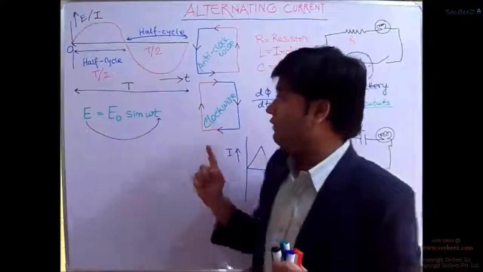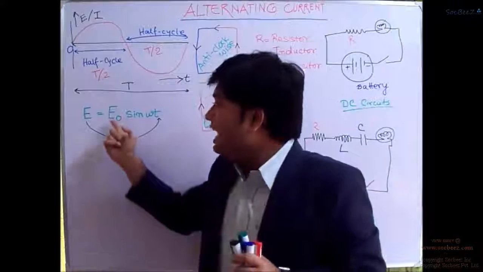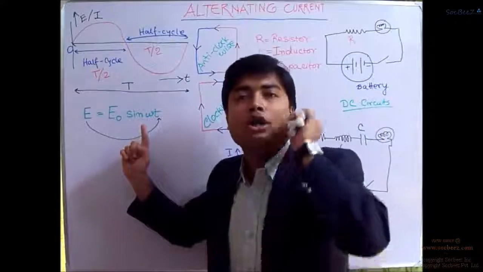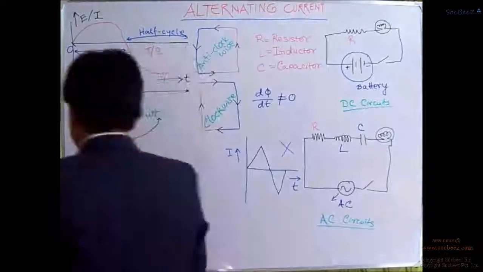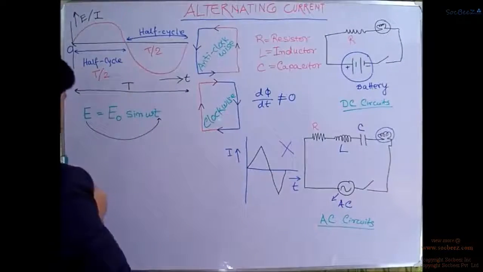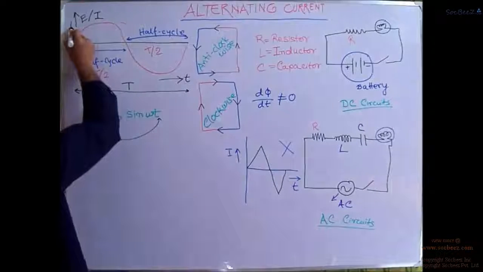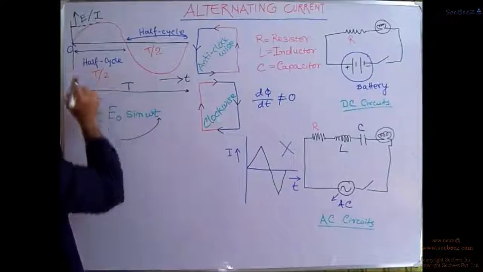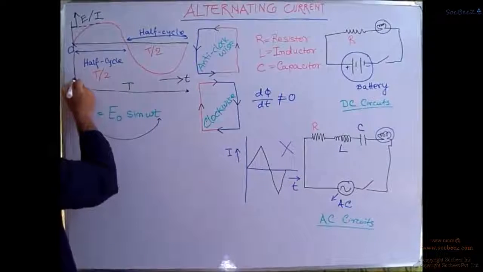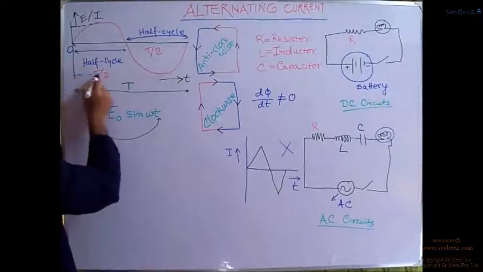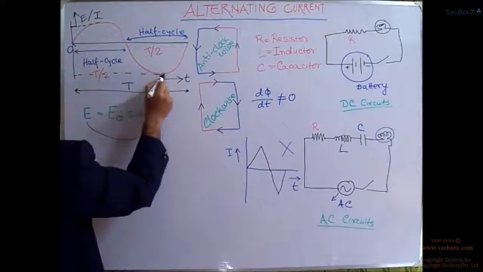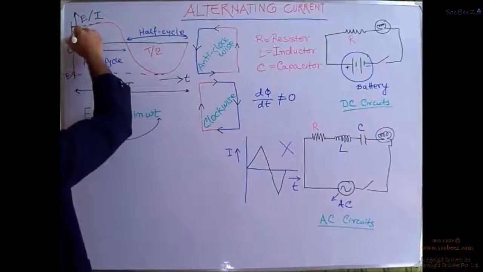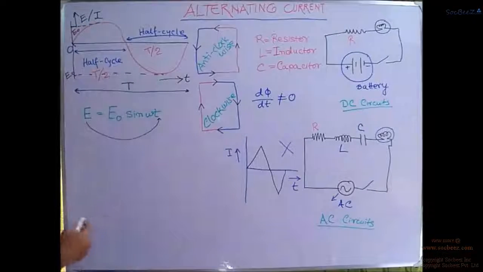So we want to know the EMF at time t equal to 2 seconds. At that moment, it will be calculated using E naught, which is known as the maximum or the peak value. The maximum or peak value will be this one, and on the lower side it is again equal to E naught.